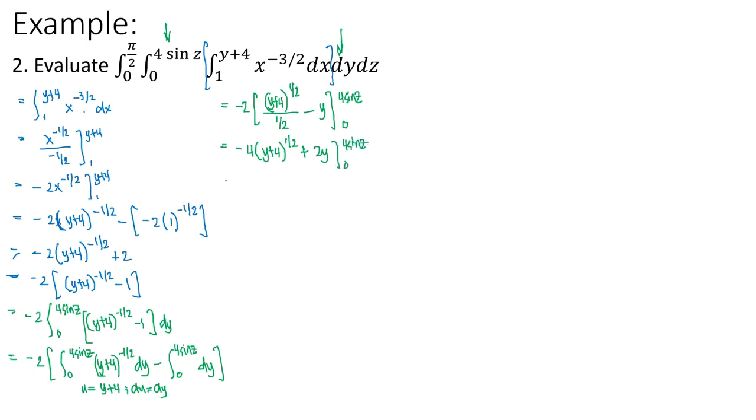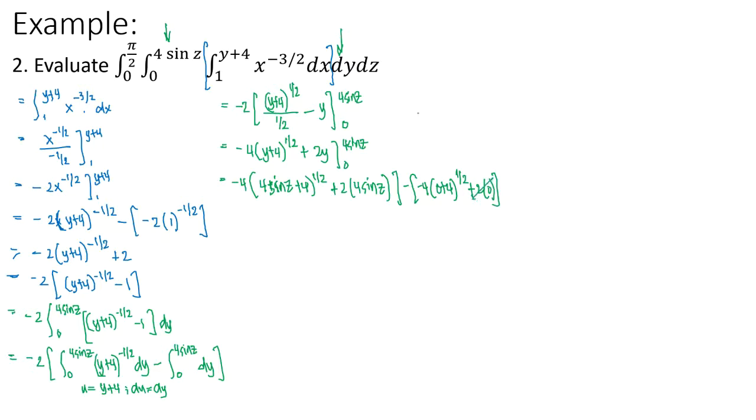Substituting the limits now, we have negative 4 of 4 plus 4 sine z plus 4 raised to 1 half plus 2 times 4 sine z. Subtracted by the lower limit, we have negative 4 times 0 plus 4 raised to positive 1 half plus 2 times 0.